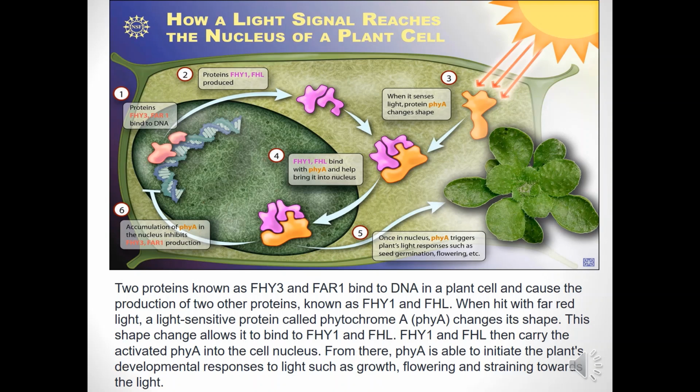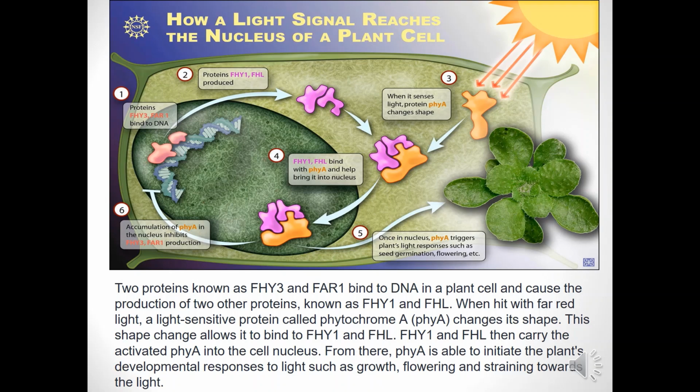And when the binding occurs between the two proteins and the DNA of the plant, it causes the production of other proteins we call FHY1 and FHL. Okay, then what happens after that?